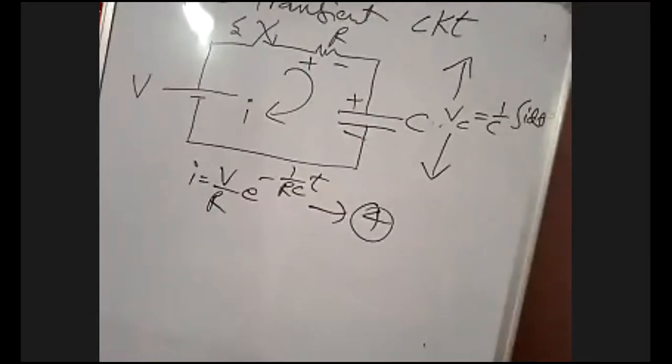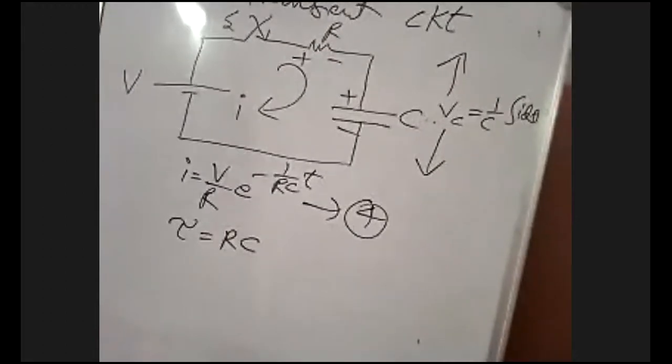I is equal to V by R into e power minus 1 by RC into T. Time constant of RL circuit is L by R. Now the time constant of RC circuit is tau is equal to RC.